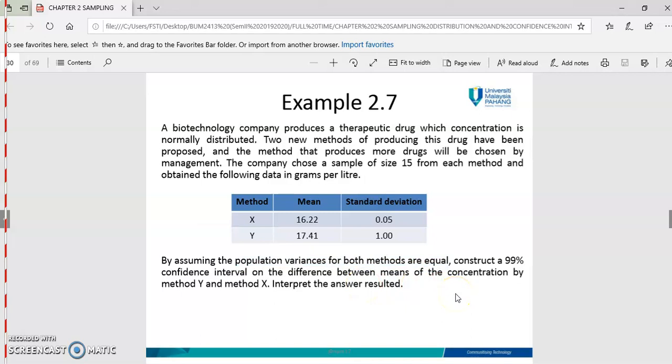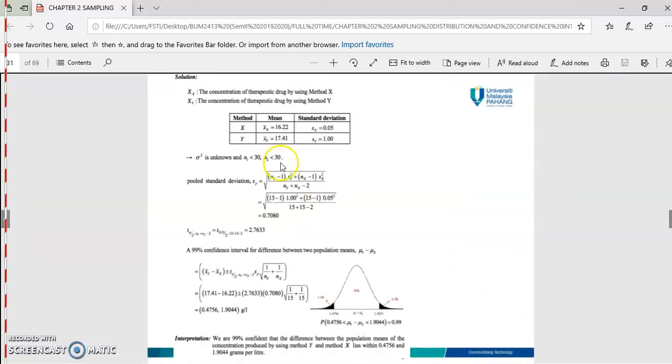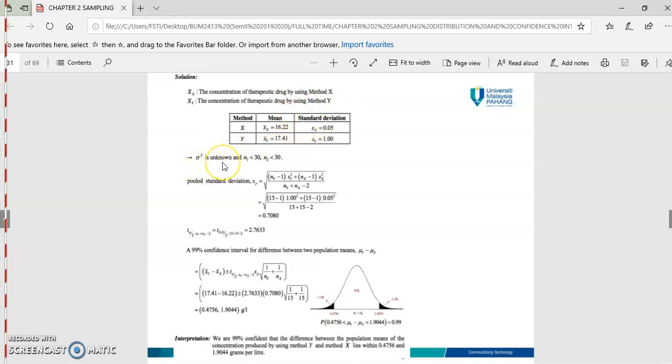Okay, we go to the solution. We have the sample mean and sample standard deviation, which means that there is no sigma, so sigma is unknown. Then we need the second condition, the equality of the population variance: whether we have equal sigma or unequal sigma.